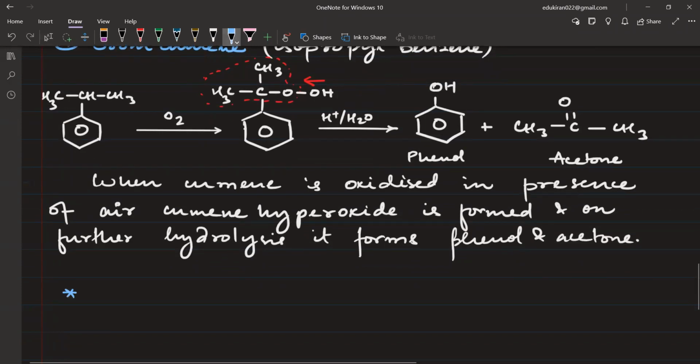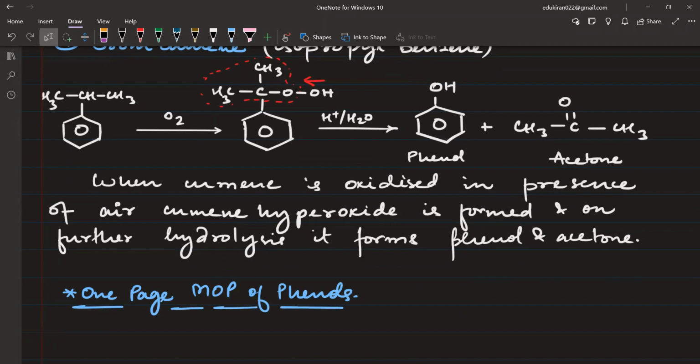So it should have one page, methods of preparation of phenols. Done, guys?